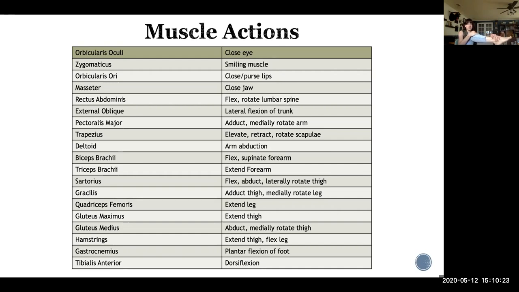And then we had dorsiflexion, which is like pulling your foot up. So we have dorsiflexion, moving your foot upward, okay?